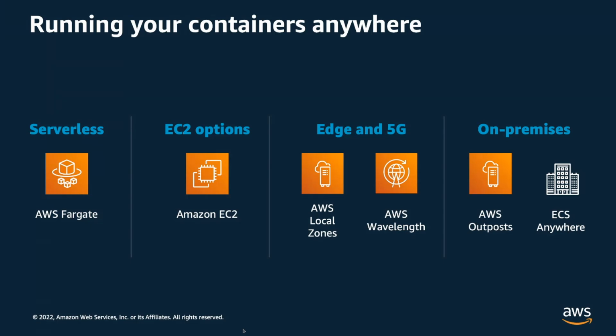Then as we get to use cases where we, as the customer, need to meet your customer at the edge, this is where we have AWS Local Zones, as well as AWS Wavelength to run your containers closer to your customers. And lastly, there's the use case for running on-premises, which is where ECS Anywhere or AWS Outposts allow you to run your ECS tasks in your data center.